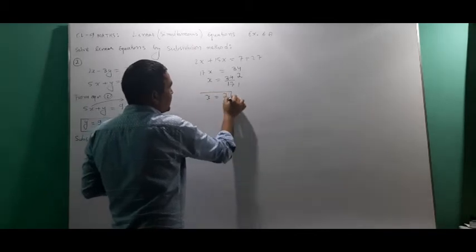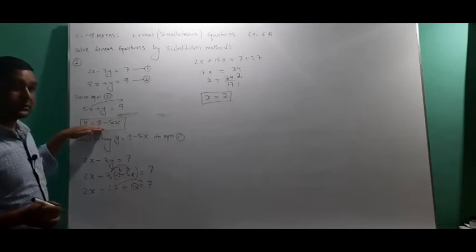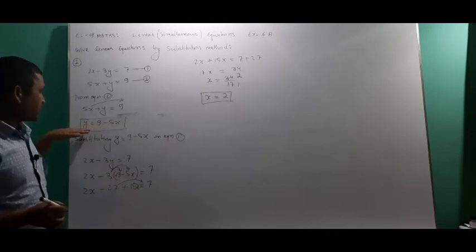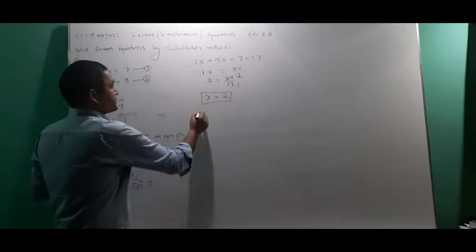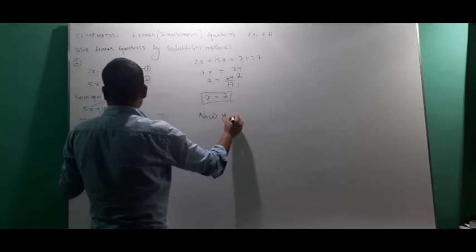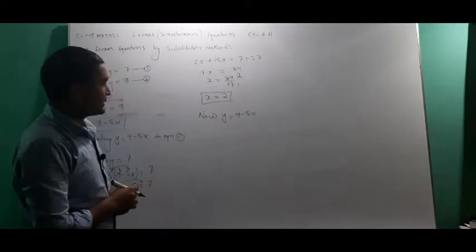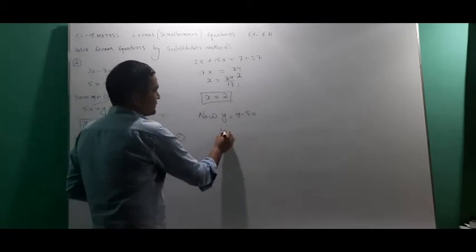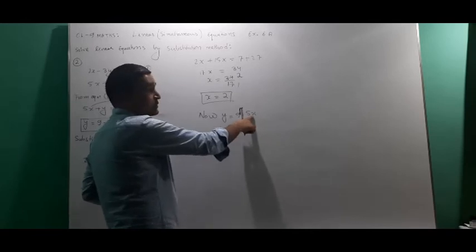We got the value of x. Now after getting the value of x, substitute it in the expression for the value of y in terms of x. y equals how much? 9 minus 5x. Then y equals 9 minus 5 into, in place of x what to write? 2.